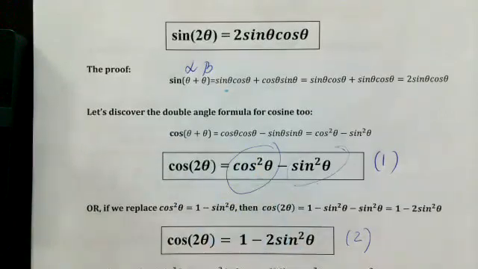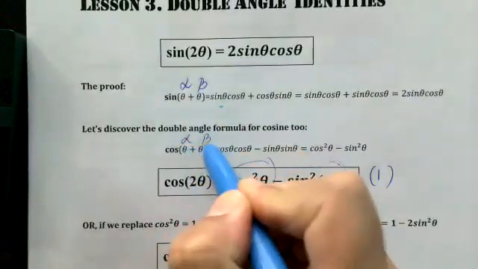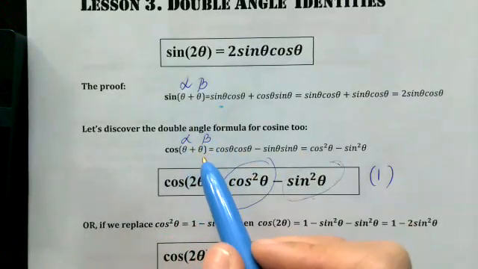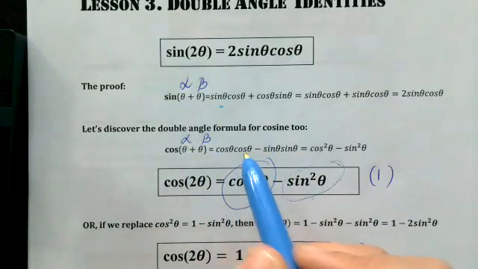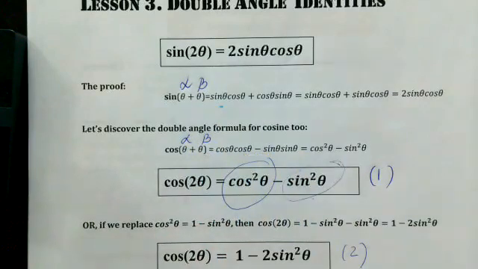But here, your alpha and your beta in the sum formula are the same angle. When you end up with cos, cos is cos of the same angle, right? Since you can just combine them together as a square, right? So it just becomes that. Make sense?